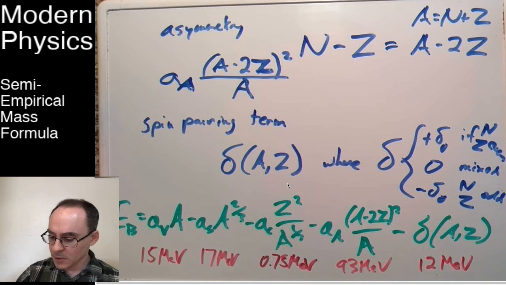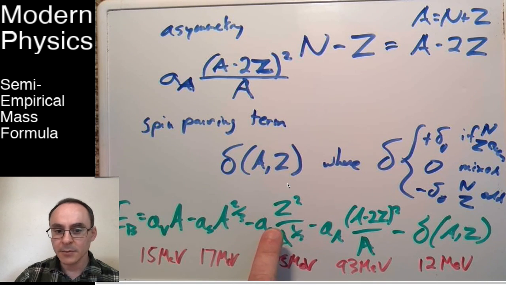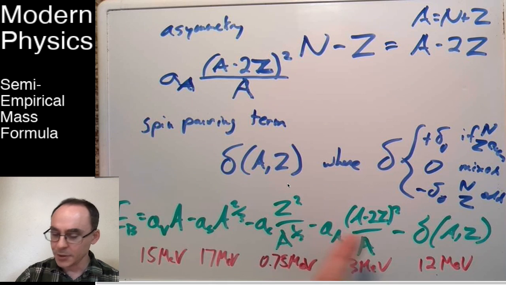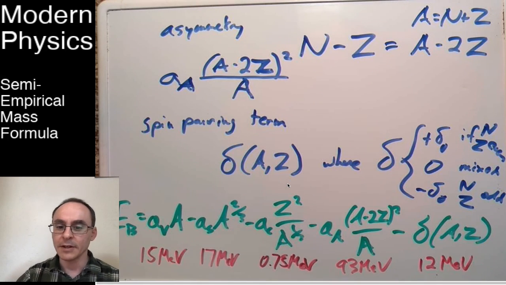Well, this asymmetry term seems to say that they should all balance out, but we also have something that disfavors protons and has no effect on neutrons, which is the Coulomb repulsion. Once you start to get large numbers of protons in the nucleus, this term becomes significant, and it pushes things to be a little bit more neutron heavy.